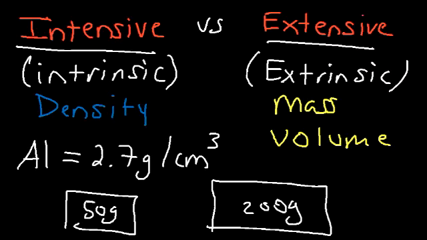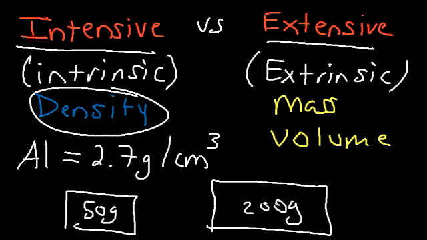So, the density does not depend on the amount or the size of the aluminum sample that I have. If I have 50 grams of aluminum or 200 grams of aluminum, the density will remain the same. And that's why density is an intensive property. An intensive property is one that doesn't depend on the size of the sample. It doesn't depend on how much mass you have.